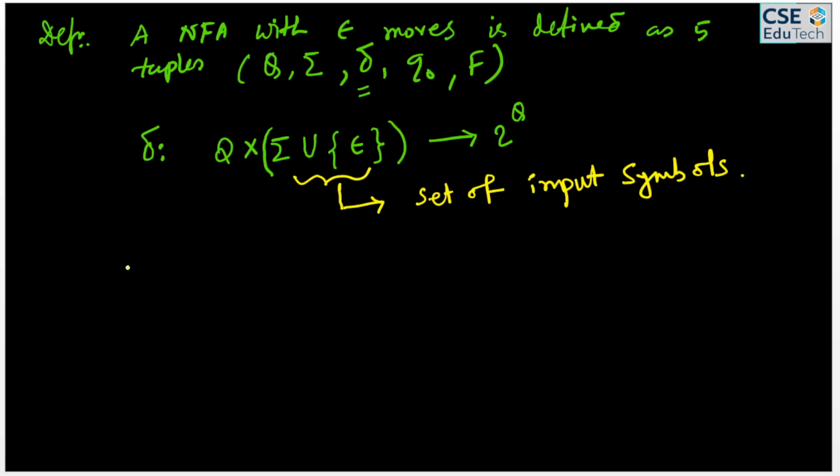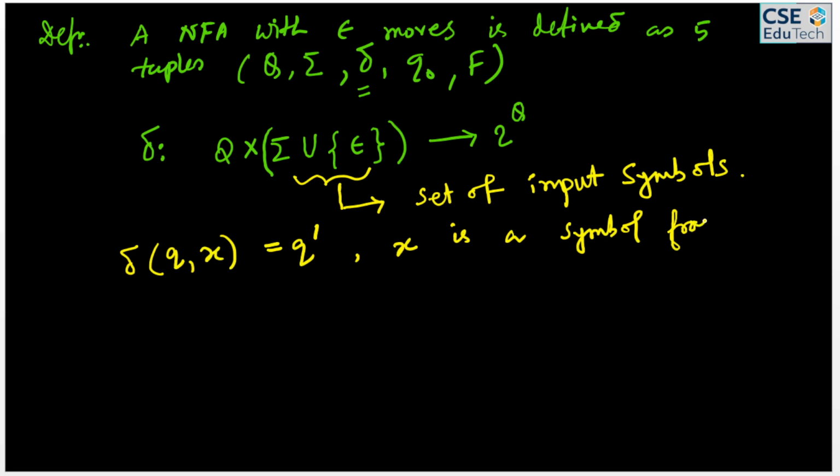For example, if we write delta of q comma x is equal to some state q dash, here x is a symbol from sigma union epsilon.